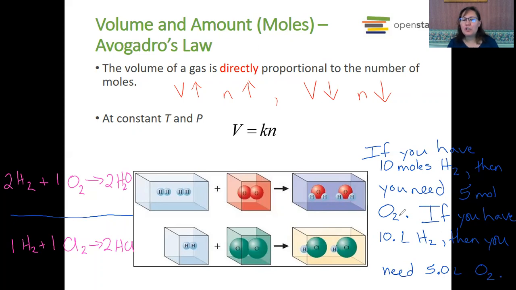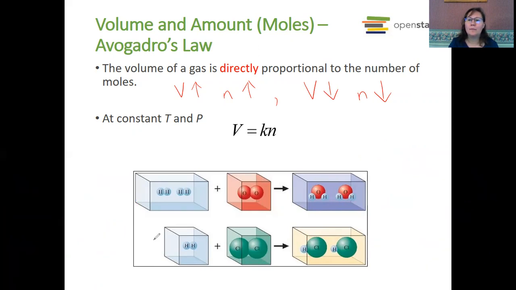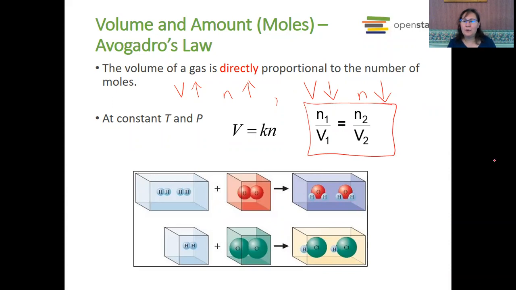So the same proportionality exists between moles and liters when everything is a gas. All right, and this leaves us with N1 over V1 equal to N2 over V2.